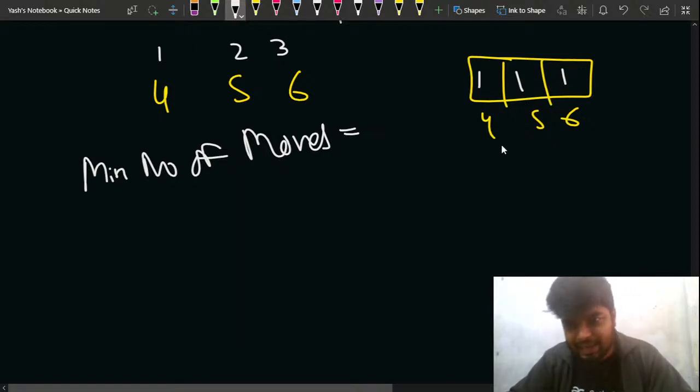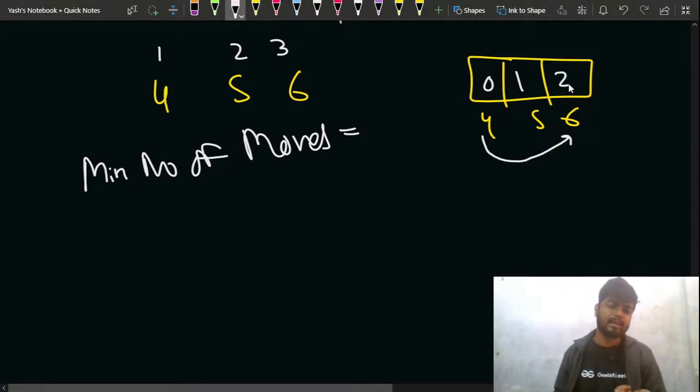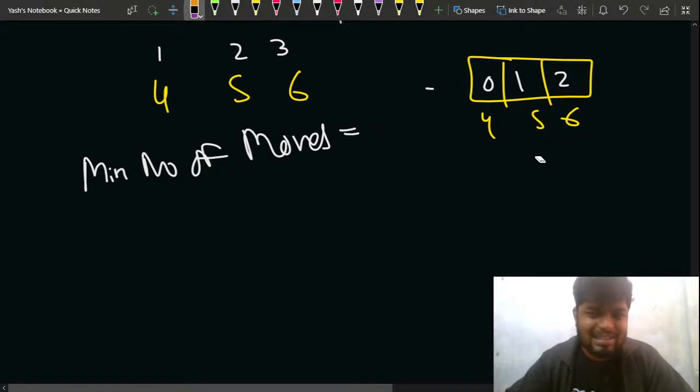Now I can see that from this 4, I can move to this 6, right? So let's do that. This chip, now the number of chips here is 0, and this will be 2, right? Now tell me what is the minimum number of moves. Now I can see that the minimum number of moves will be nothing but 1, right?